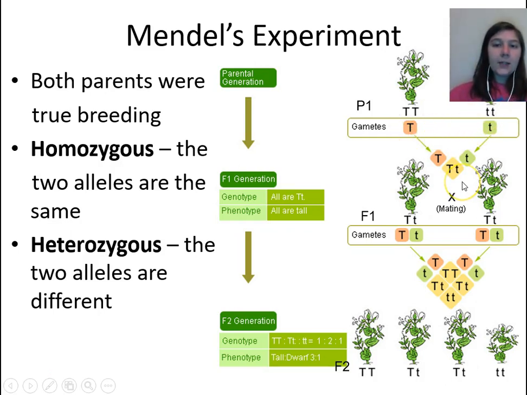When he crossed them together, he would get all heterozygous offspring, so we have two different alleles, versus the parents, which were homozygous, where the two alleles are the same. And then he would further cross those to see what traits the offspring had, which is how he was able to determine that many of these heterozygous plants were carrying the recessive allele.